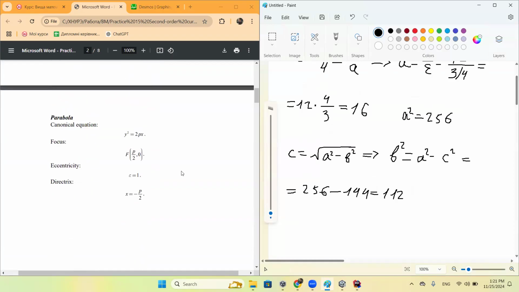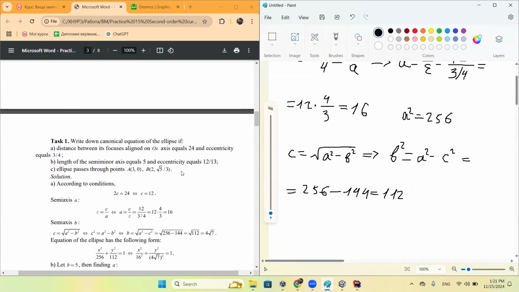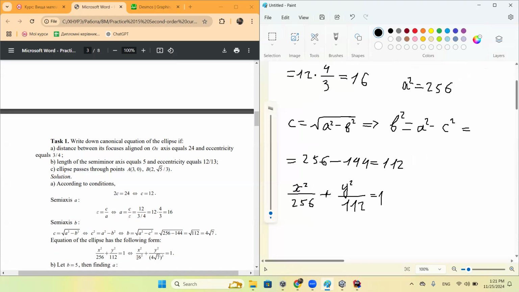Let me check. Yes, correct. So the equation is the following: x squared by 256 plus y squared by 112 equals 1. We can also extract square roots, of course if we need. It basically shows where the curve intersects the coordinate axes.